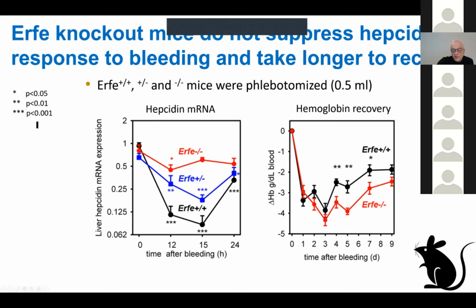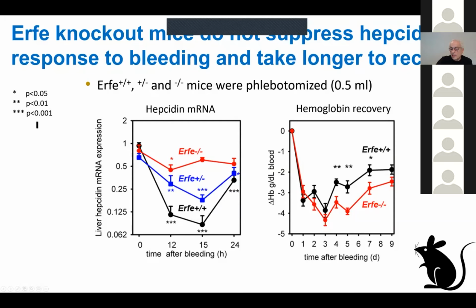But the heterozygotes only did half as good a job of suppression, and the homozygote knockouts only had this very minor suppression at 12 hours, and essentially lost most of their responsiveness to bleeding. And so the hepcidin remained essentially level.